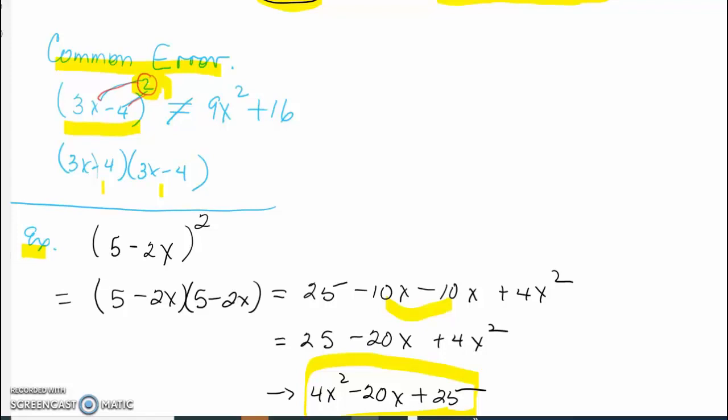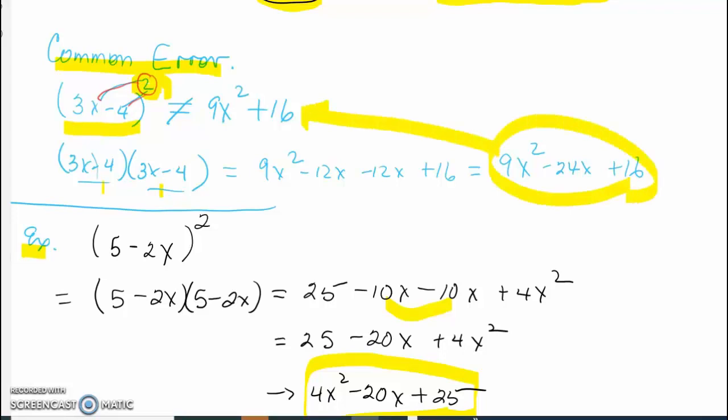When you see the square of a binomial, remember that it means this binomial times itself, and that you have to distribute and wind up with a trinomial. Again, this becomes 9x squared minus 12x minus 12x plus 16, which in turn equals 9x squared minus 24x plus 16. And you can clearly see that this is the correct answer and very, very different than the incorrect answer. So please be careful.